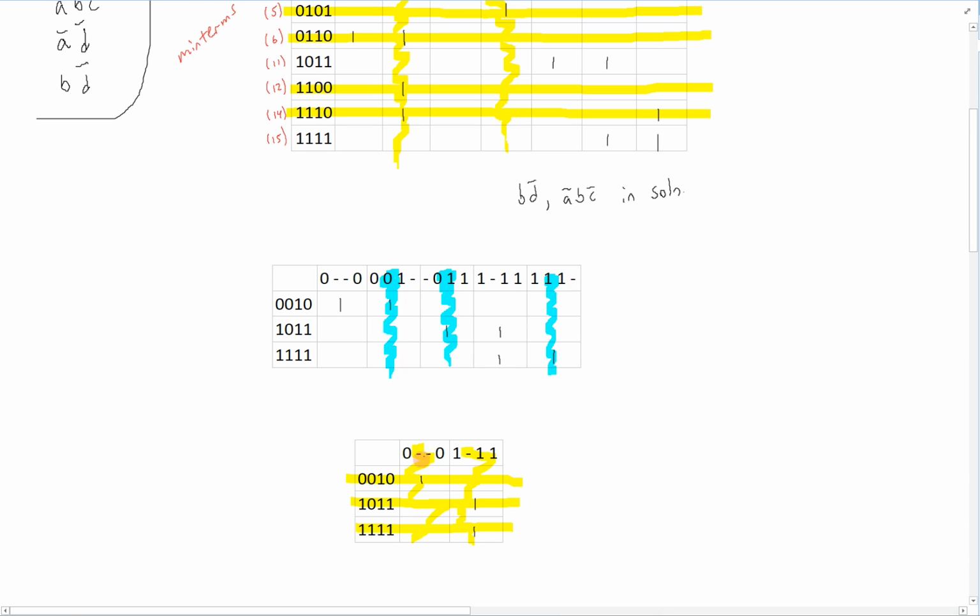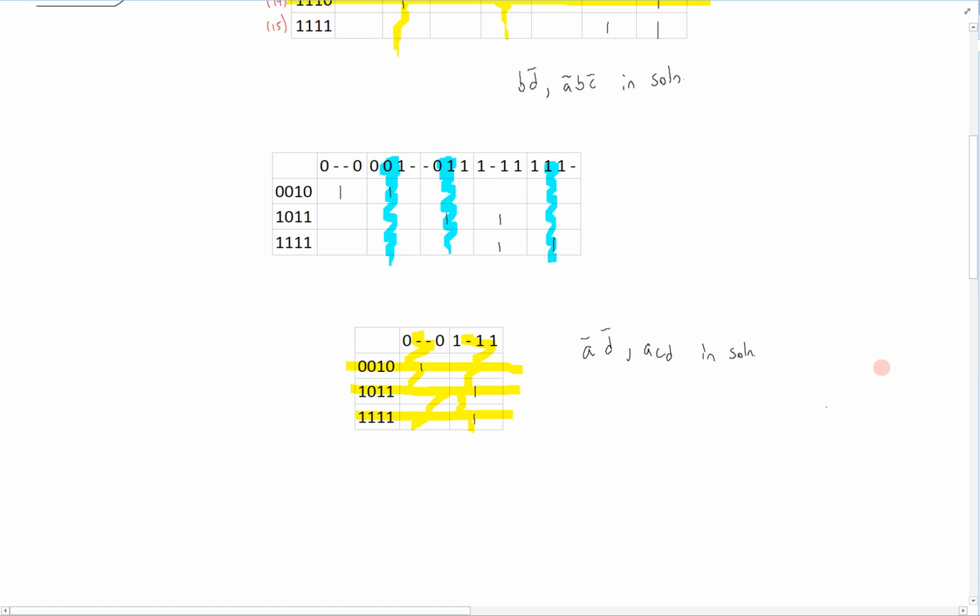So we know that from this we include two more terms, the ones that were essential. Specifically, we know that a bar d bar, that's that first one, and a c d are going to be in the solution. And furthermore, since now the table has simplified to empty, that means that our solution is complete.